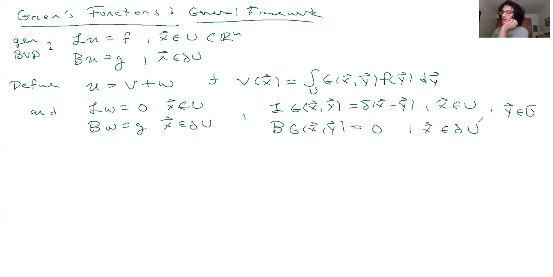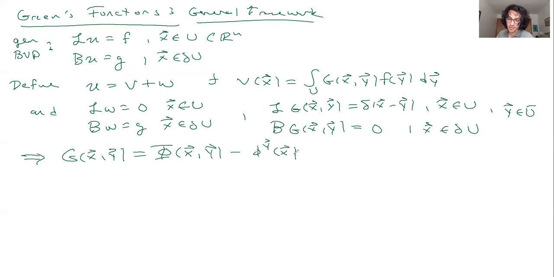Okay. And importantly, this thing G(x,y), we can get this. It's equal to the fundamental solution minus this boundary correction term. The zero's at the boundary there.